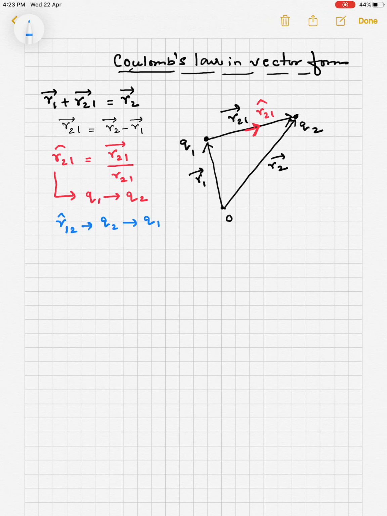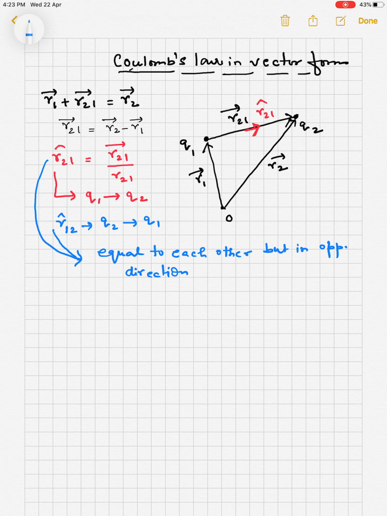And these two unit vectors are equal to each other in magnitude, but in opposite direction. So we can write r21 unit vector is equal to minus r12 unit vector.